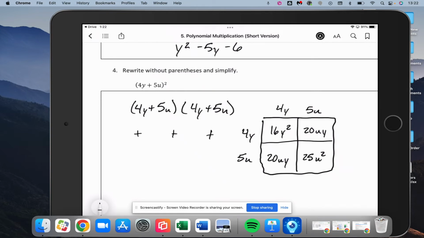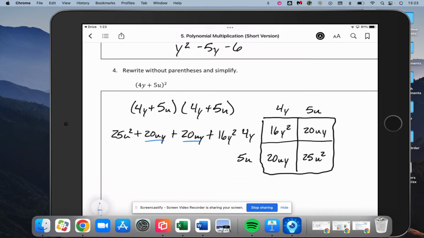We'll start with u, which comes before y in the alphabet, so 25u to the power of 2, 20uy, 20uy, and then last 16y to the power of 2. Now I can go ahead and combine like terms, which are those terms there in the middle.